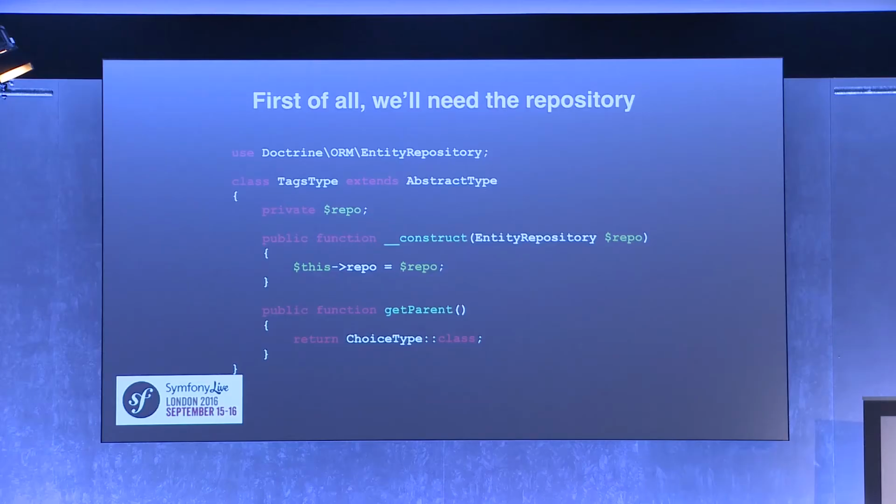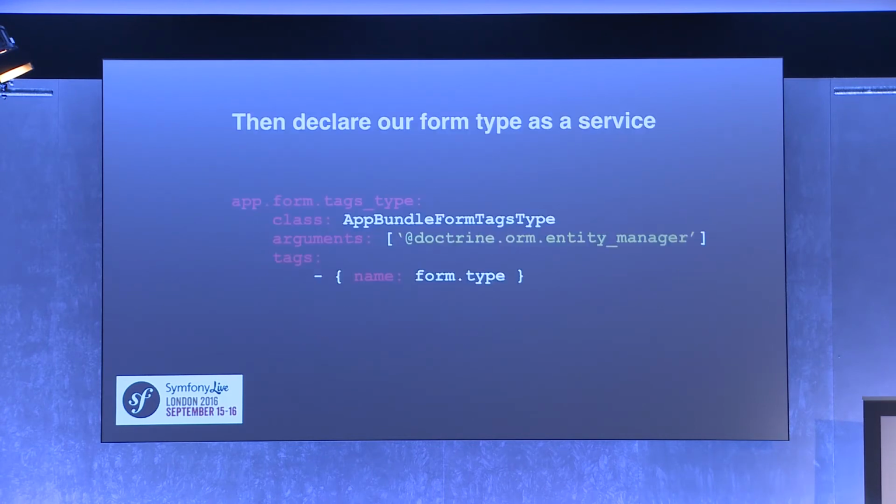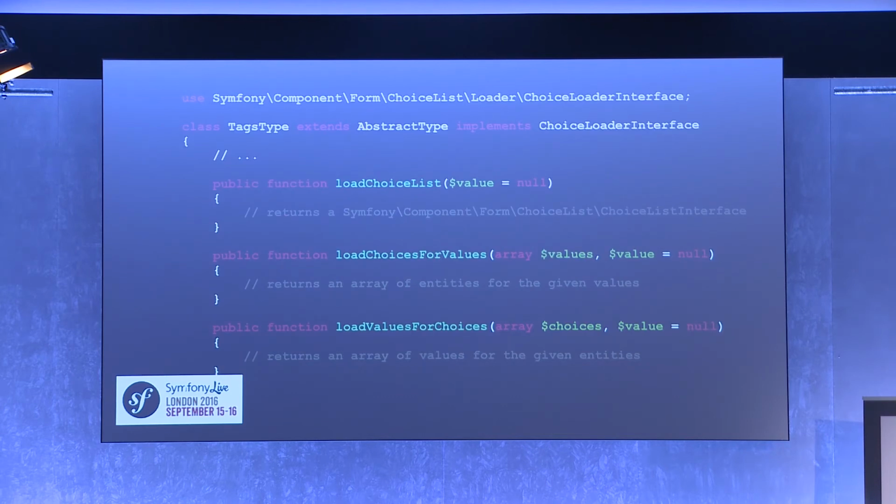and populate the tags. So a type which needs such a service should be a service too to get the proper injection. You just need to tag it as a form type, and calling its class name as usual will do the work. So our tags type must implement choice loader interface.